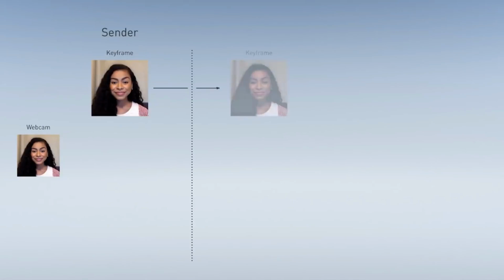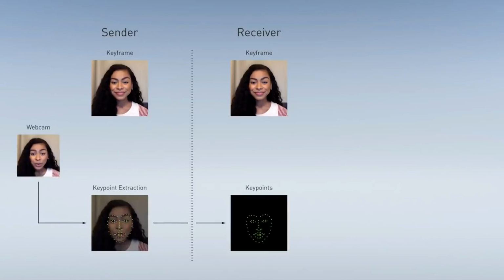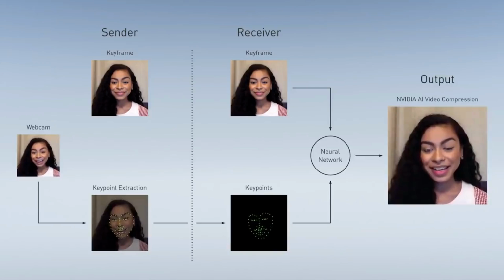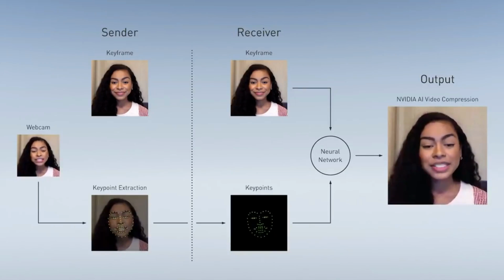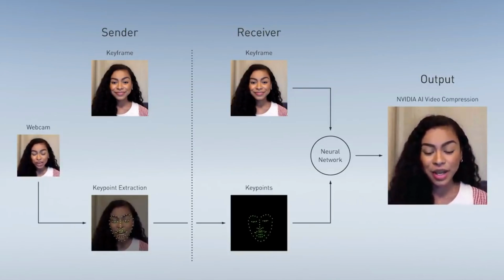A sender first transmits a reference image of the caller, just like today's systems that typically use a compressed video stream. Then, rather than sending a fat stream of pixel-packed images, it sends data on the locations of key facial points around the caller's eyes, nose, and mouth. A Generative Adversarial Network, or GAN, on the receiver side then uses the initial image and the key points to reconstruct the subsequent images. As a result, much less data is sent over the network.